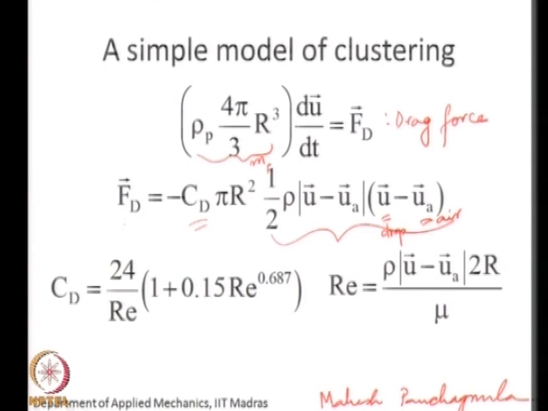So, essentially the drag force is equal to some drag coefficient times half rho u squared, where u would be the instantaneous relative velocity between the drop and the air, and the cross sectional area over which the drag force acts.